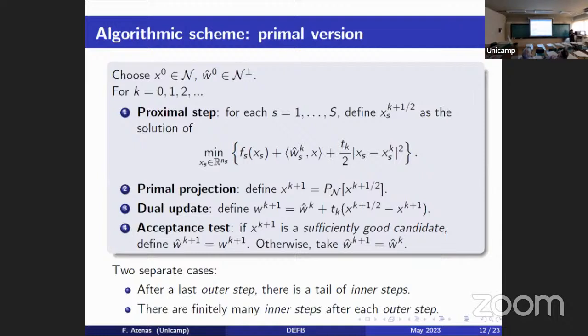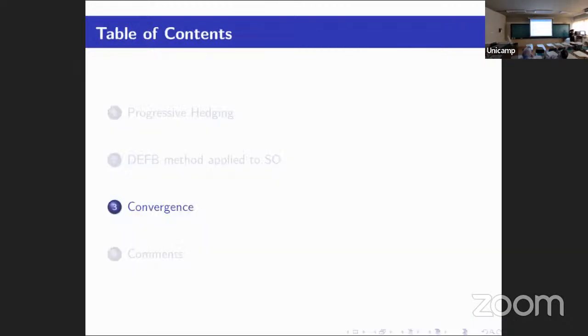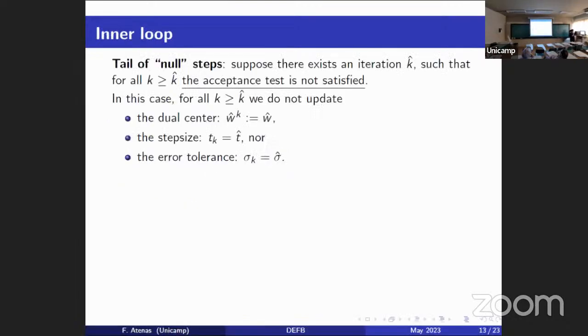The intercepts are the correction steps when we do not pass the test. So we either pass the test one last time and have a tail of intercepts, or we have a finite number of steps where we pass the test. So we have to make those two separate analyses. That's the next part of the talk.